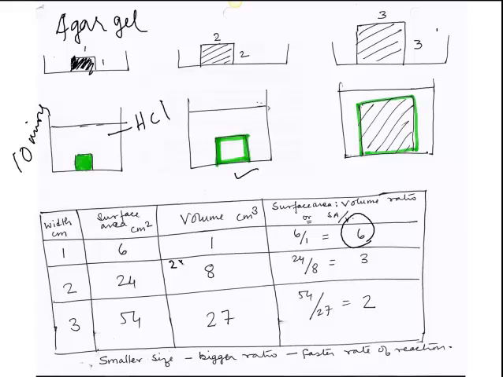Basically, it is like this. Excuse me, I'm sorry, this is 4 plus 4 plus 4.